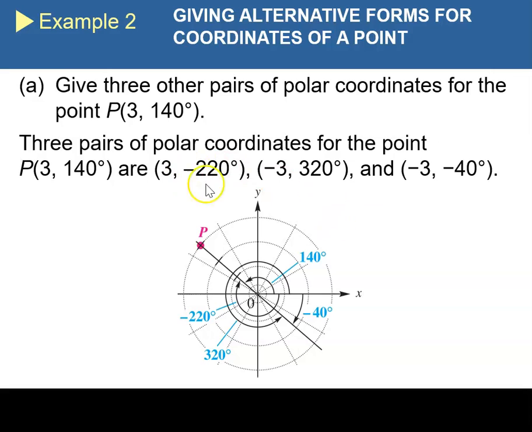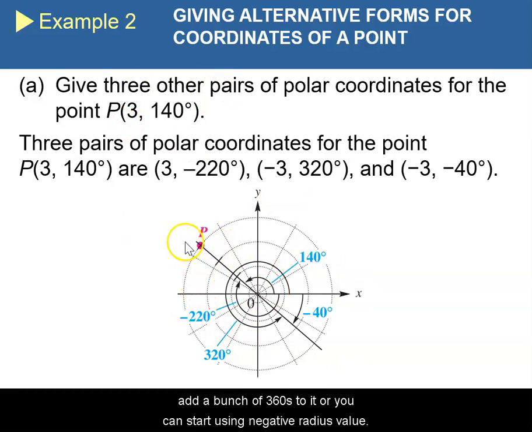You can also use a negative radius. So I can go negative 40 and negative 3, and then just go in the opposite direction, and we'll still end up at that point, right? So you can either just add a bunch of 360s to it, or you can start to use the negative radius value as well.